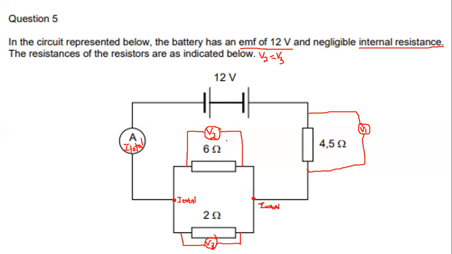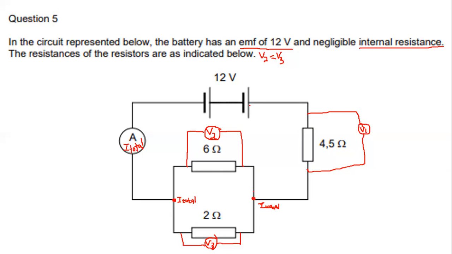So whatever the reading is on V2 and V3, it must be less than 12 volts. You must save some of the volts so that you can move through the 4.5 ohm resistor.